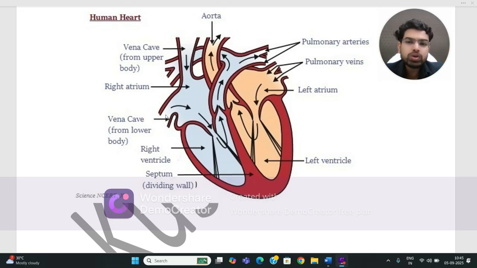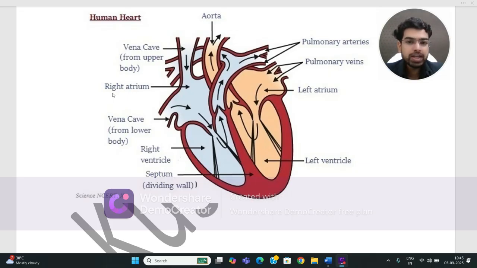The veins have the function to carry all the deoxygenated blood. The blood which does not have a proper amount of oxygen is called deoxygenated blood. So the blood which is deoxygenated is taken from the body, and the veins take it to the heart.